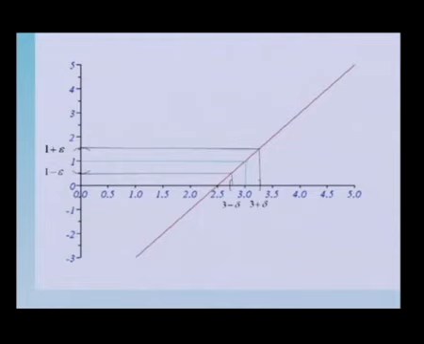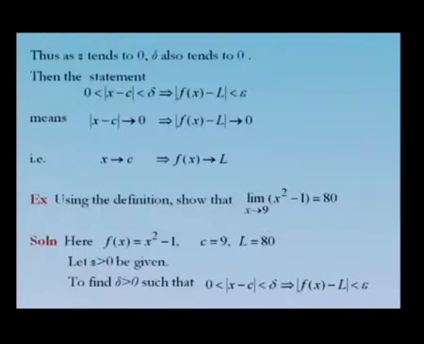As seen in the graph, when we choose some epsilon, the strip shows that all the values between 3 − δ and 3 + δ except 3 force f(x) to lie between 1 − ε and 1 + ε. And if epsilon is reduced, this results in a reduction of delta, which finally says that as epsilon tends to 0, delta also tends to 0.